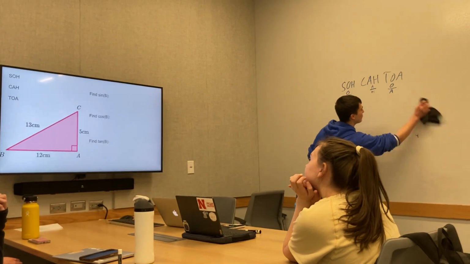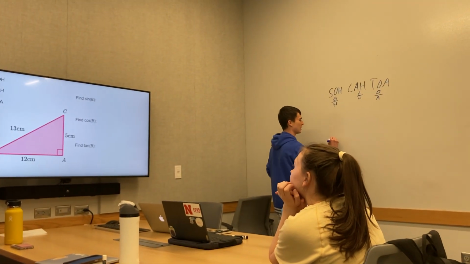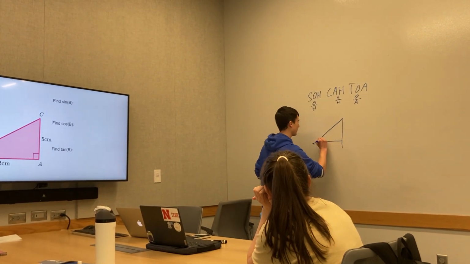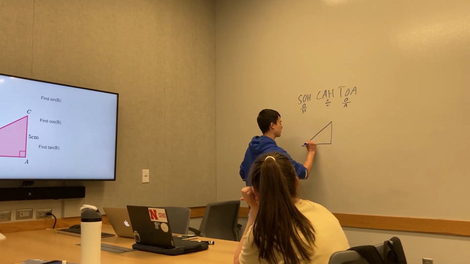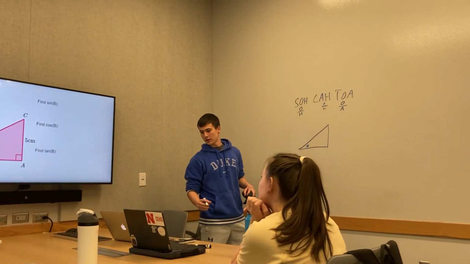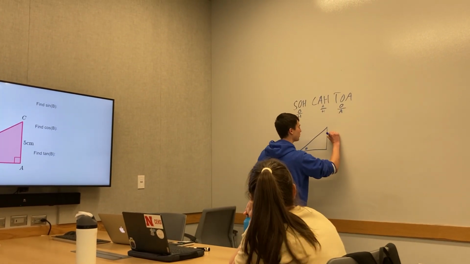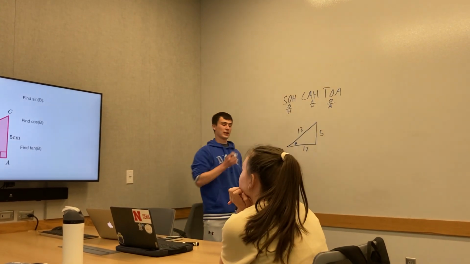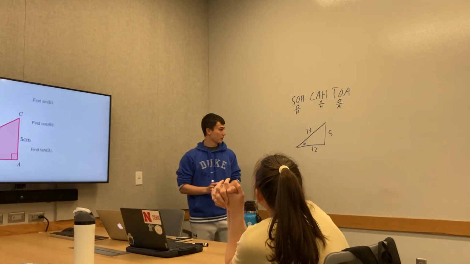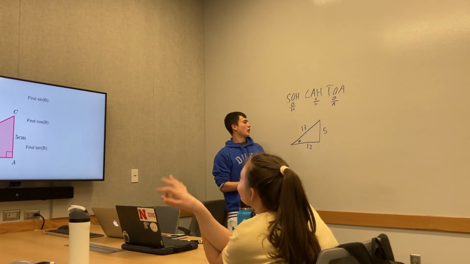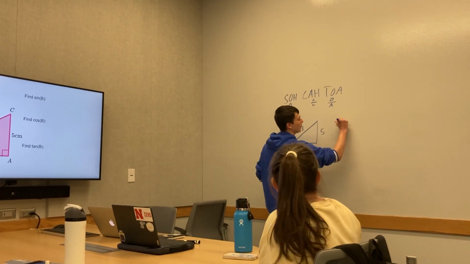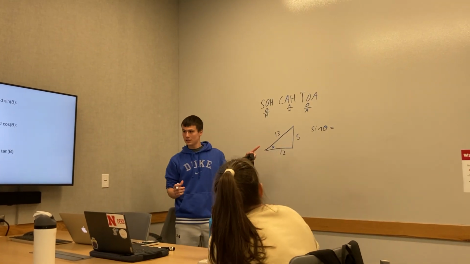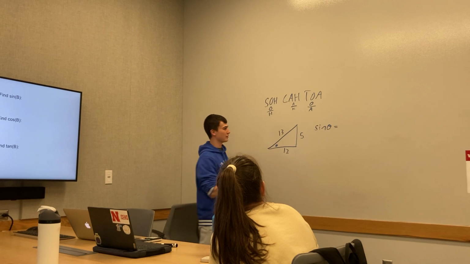So if we do the same process again, but with a different triangle, let's see if we can apply that. And we'll call this theta. And then we've got 5, 12, 13. Once again, another one of our special triangles, which we could prove using the Pythagorean theorem, but we don't have to do that because we already know that it works. If I were to do the sine of this, what would the opposite be? 5, correct.